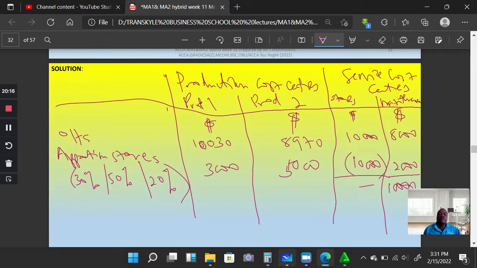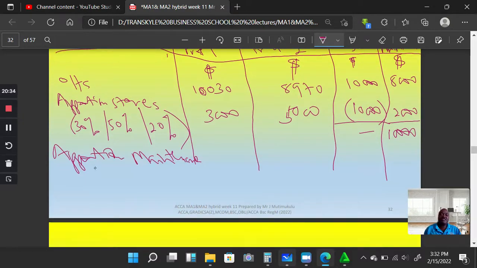So let us now apportion maintenance. Here was apportioning stores. It's now apportion maintenance. And like I said, we're now going to use the two percentages, that is 80% and 10%.